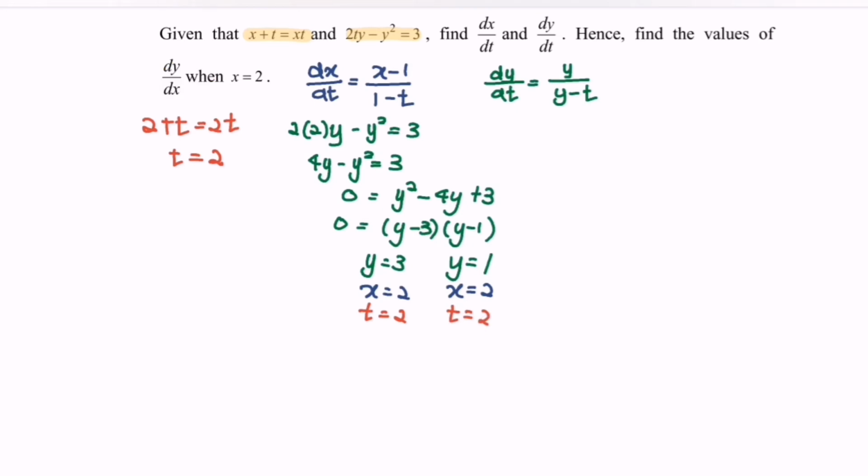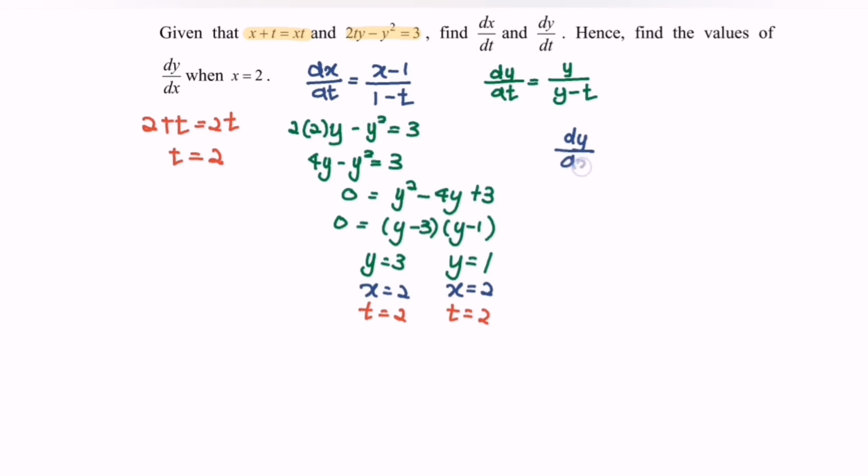So now we have two sets of values. Next we are going to find the dy/dx. The formula for dy/dx is dy/dx equals to dy/dt multiply with dt/dx. So substitute, we'll have y over y minus t multiply with dt/dx.